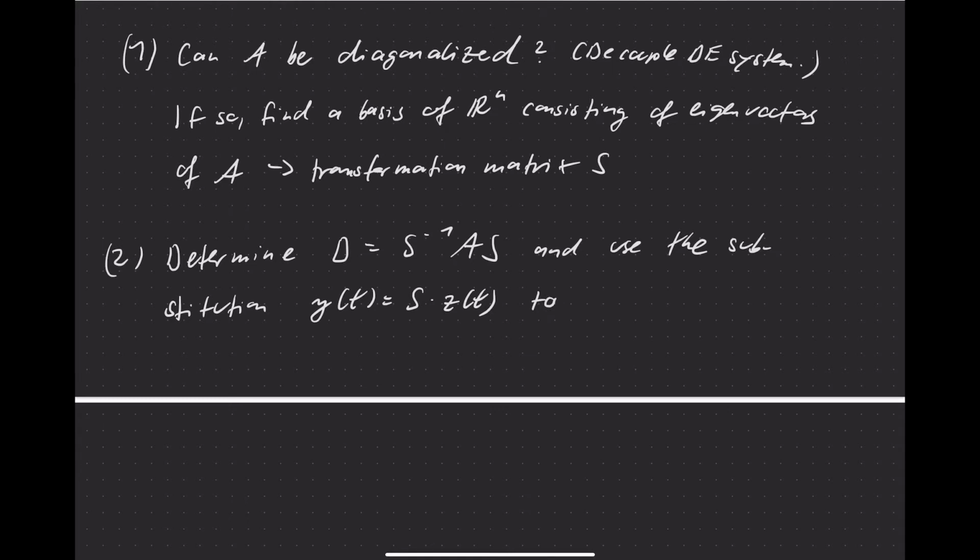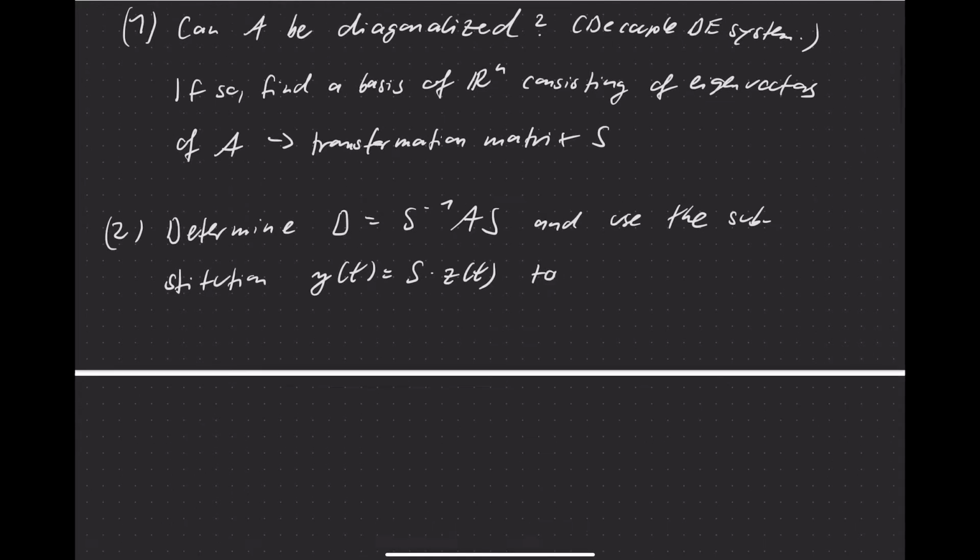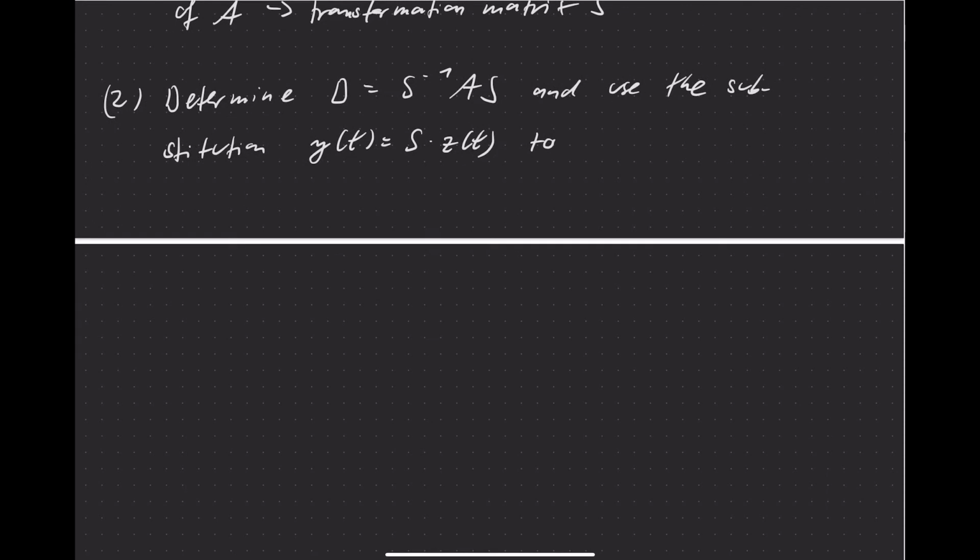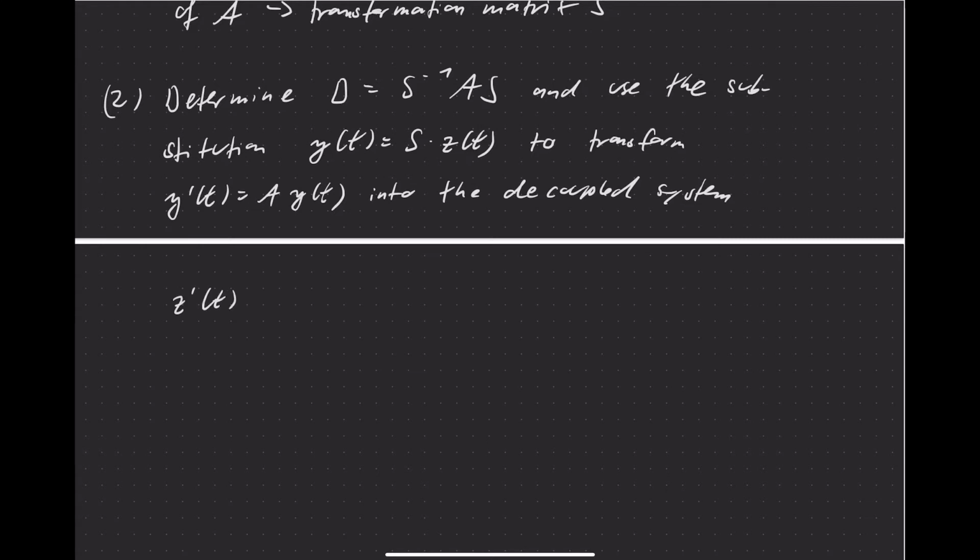We use that to transform the original system of differential equations into a decoupled form. So to transform the system y prime of t equals A times y of t into the decoupled system z prime of t equals D times z of t. We've seen how this works.